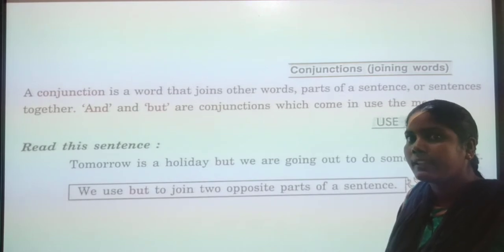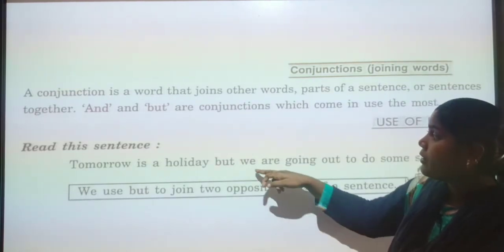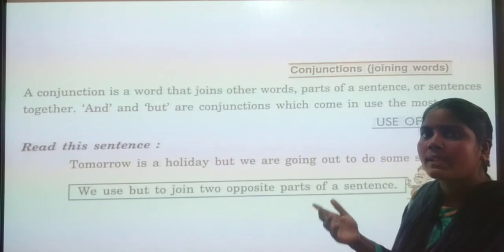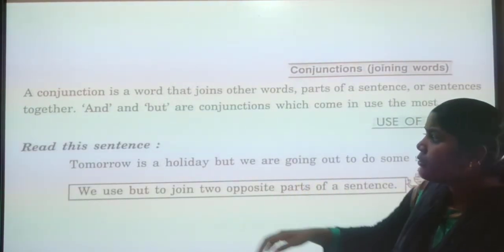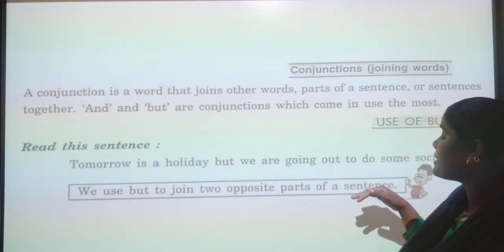Tomorrow is a holiday, but I can't stay at home. We are going out to do some social works. Tomorrow is a holiday, but we are going to do some social work. We use but to join two opposite parts of a sentence.